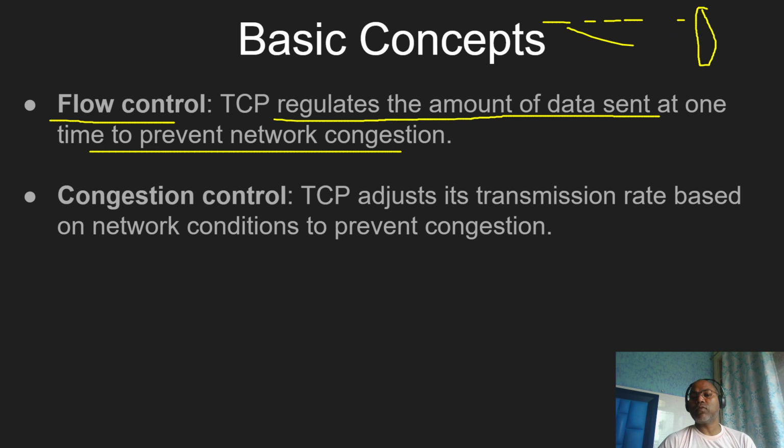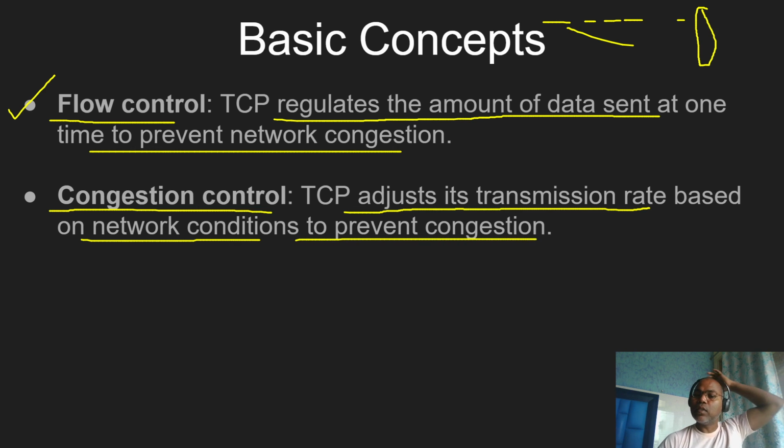In this scenario, TCP applies flow checks and also adds congestion control, which adjusts the transmission rate based on network conditions to prevent congestion.